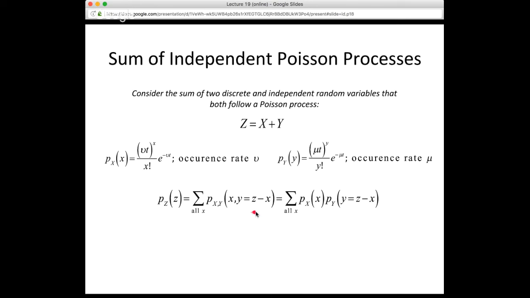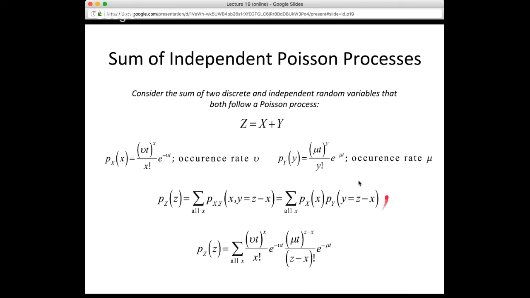We now take advantage of another statement in the problem: the random variables x and y were independent, and that means their joint PMF, the PMF for x comma y, is just the product of the PMF for x times the PMF for y, again evaluated at the appropriate points. So the PMF for x is evaluated at x. The PMF for y is evaluated at this z minus x position here.